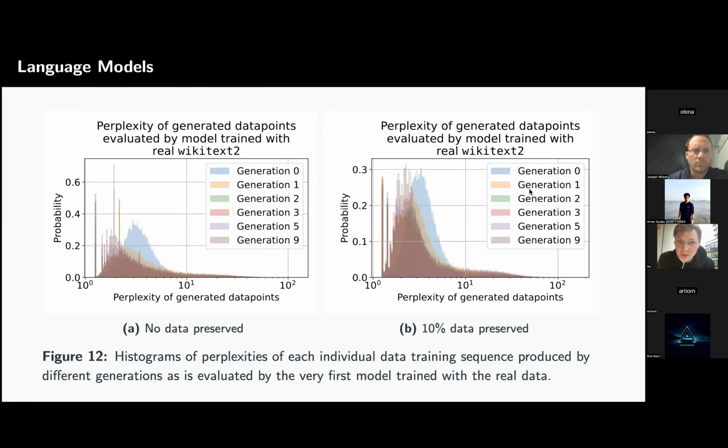When we start looking at language models, we observe exactly the same thing happening, although it's slightly more complex to deal with them, purely because training language models is hard. There are a lot of moving pieces. Same setting as before: we observe different generations of models. Here we take a pre-trained OPT model, so we're not training the original generation 0 model.